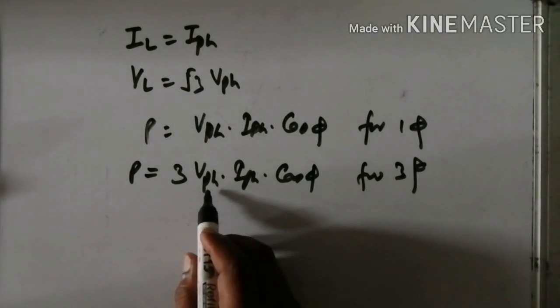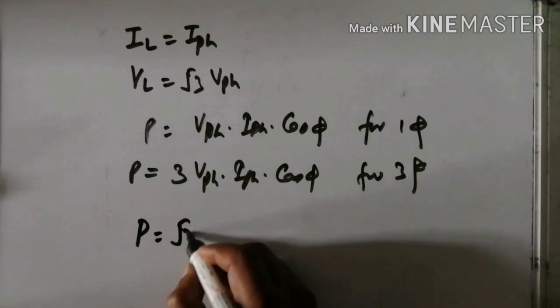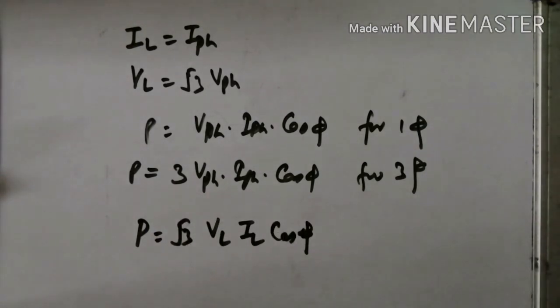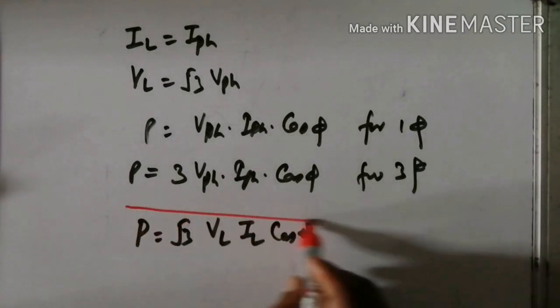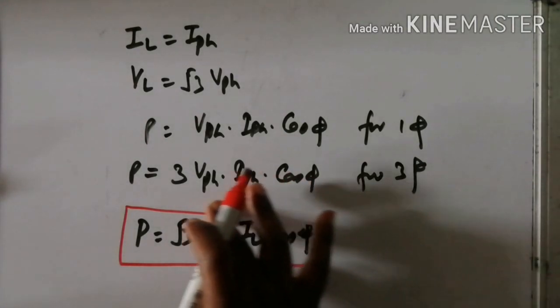And root 3 times EPH is EL. So power is VL IL cos phi in the case of 3 phase. The formula for the power is VL IL cos phi.